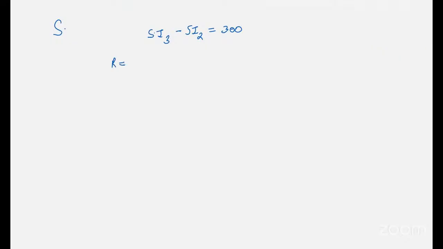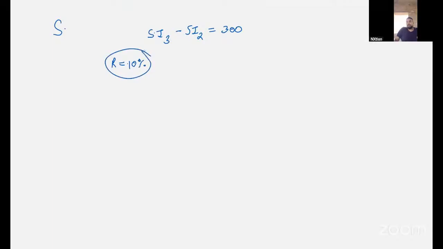So it's like SI for 3 years minus simple interest for 2 years is 300 rupees. Got it? And the rate is given. How much rate is given? 10%, no? 10%.